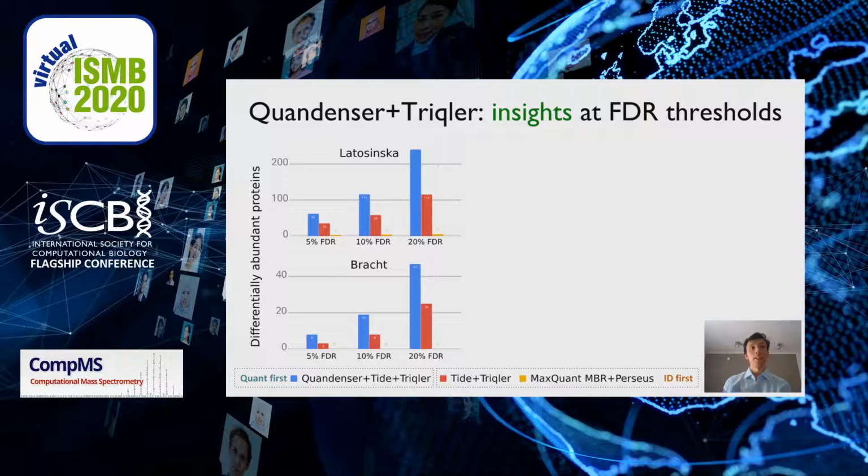And specifically in these 2 datasets, in the original analysis, the authors couldn't find any differentially abundant proteins at FDR thresholds. So they had to resort to p-value cutoffs of 0.05. And this is, of course, much less reliable than having these multiple testing corrected values.